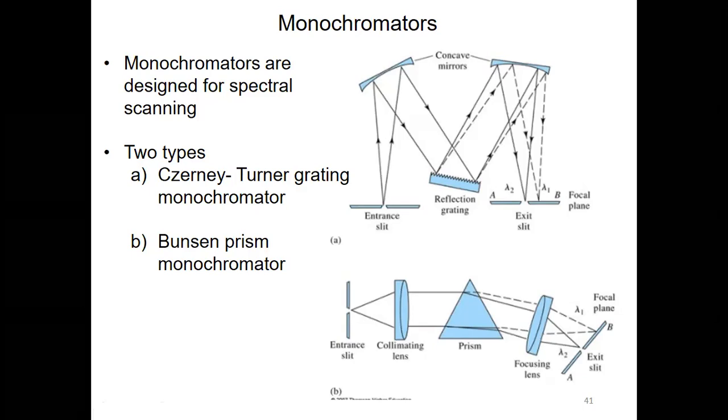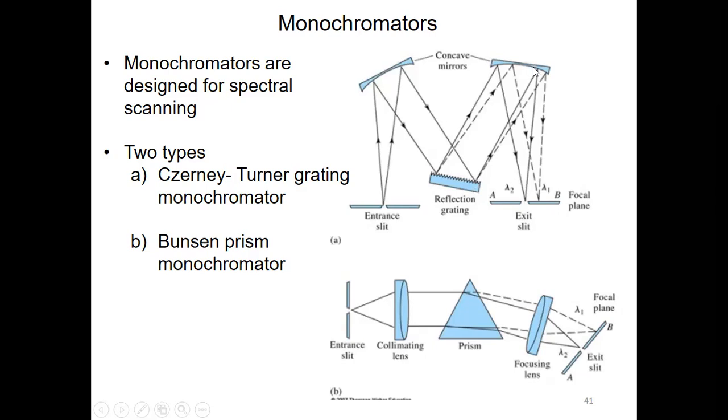And then again from this concave mirror, the light will focus. We call this plane the focal plane, right? The light will focus like this.